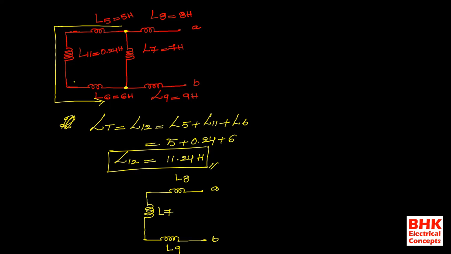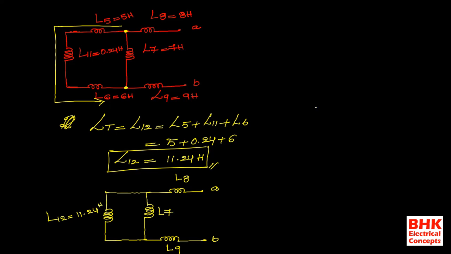Instead of this series combination of L6, L5, L11, we got the resultant of that series connection, L12 is equal to 11.24. So I am replacing it with L12, the resultant given by the series combination of L5, L6, L11. Now this L12 is equal to 11.24 henries.